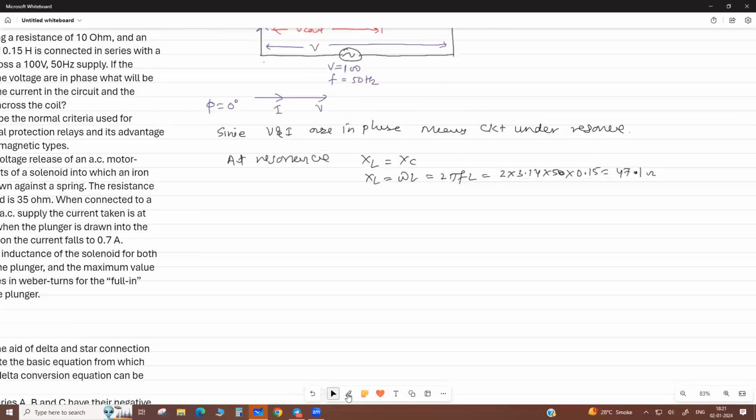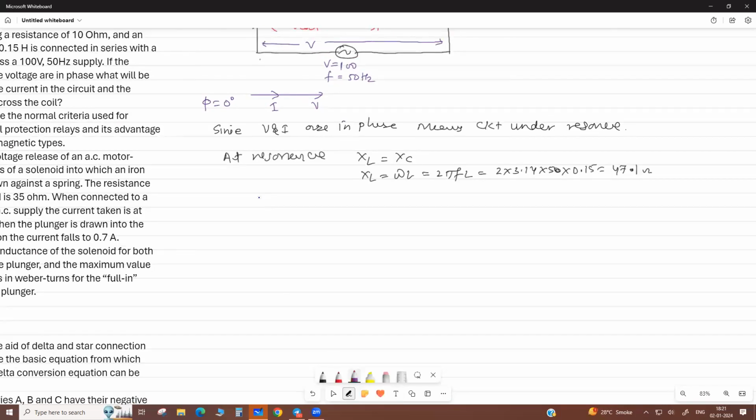Okay, now you can know. Then we can calculate total impedance. Total impedance under resonance, you know, impedance Z equals R only. Or you can write here the square root of R square plus (XL minus XC) all square. Now these are equal, it means it is 0, then it is R only.